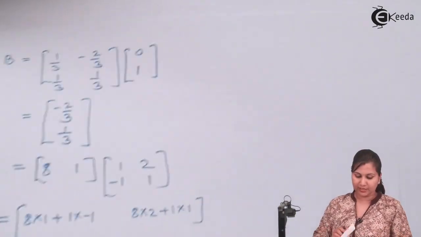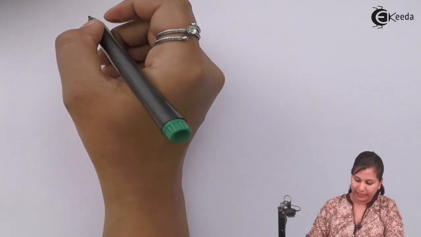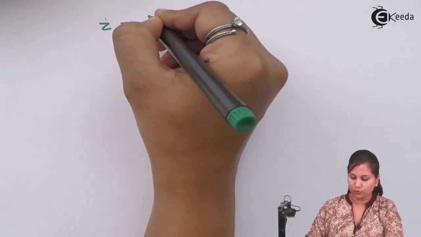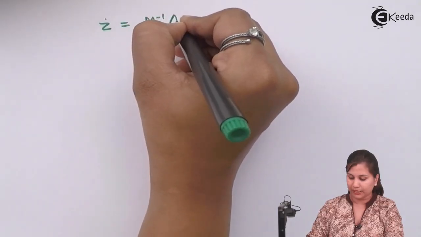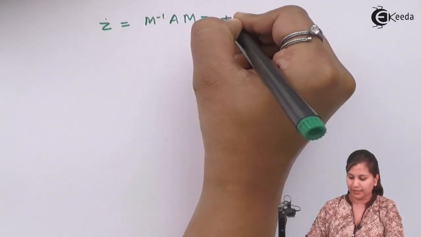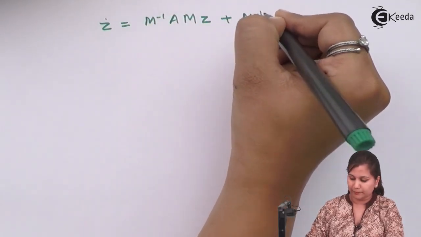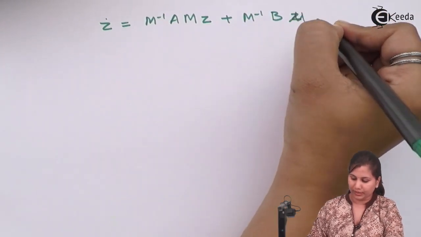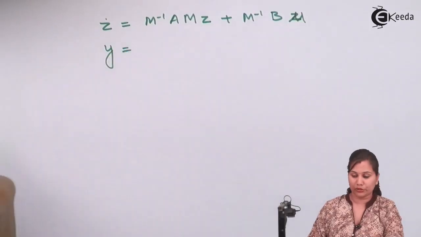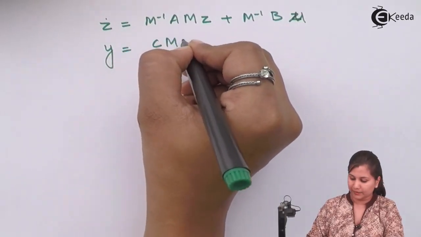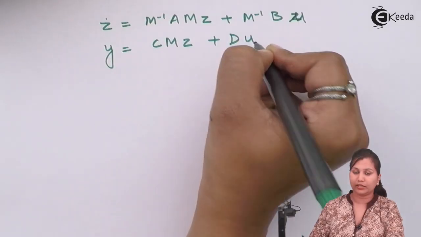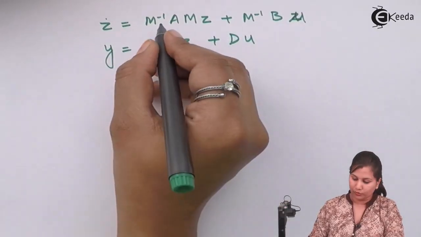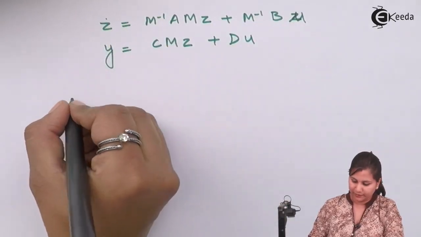So our new state model will become, we were having z dot equals M inverse AM z plus M inverse B u, and we have y equals CM z plus D u. So just substitute the values.